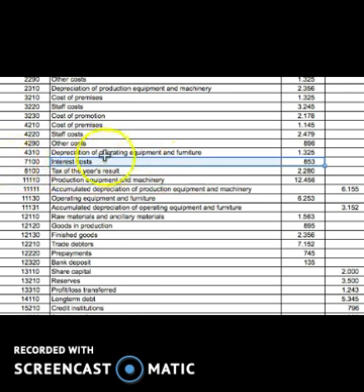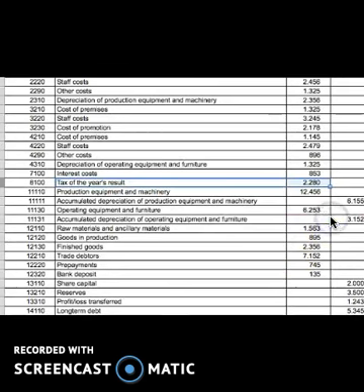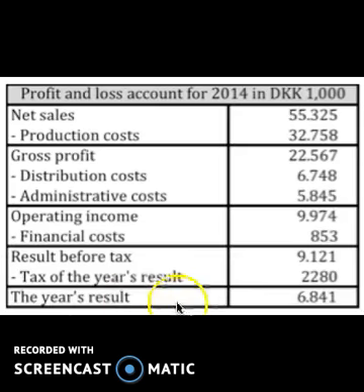Then you get the result before taxes, and then tax of the year's result should also be subtracted, as you see here. This gives us the year's result.